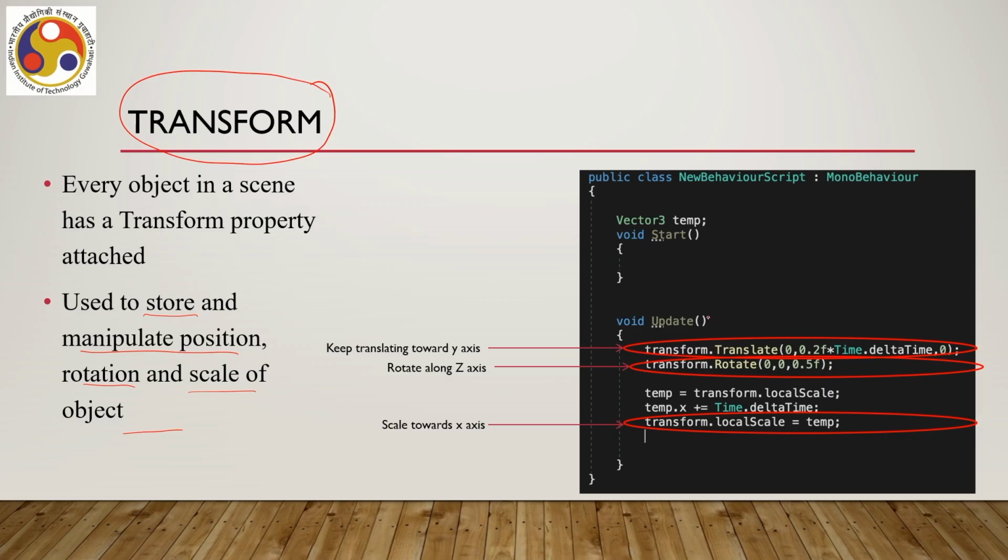For example, here under the Update function we can have transform.Translate, then parameter values for where to translate, then rotation for how to rotate, then local scale for how to scale it, and so on. So, this property we can manipulate through script to make the object behave as per our wish, as per our interest.